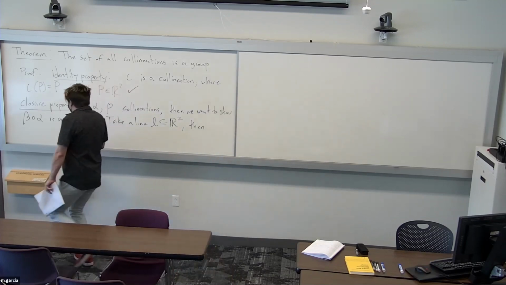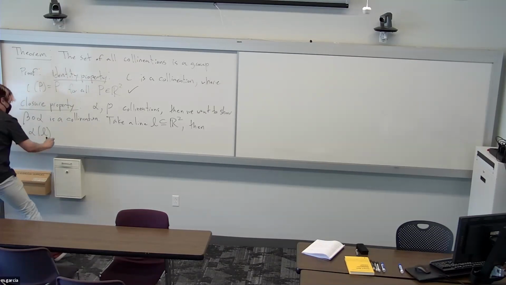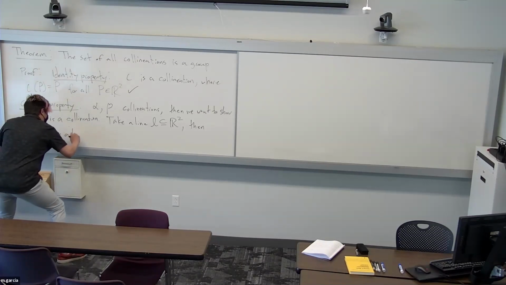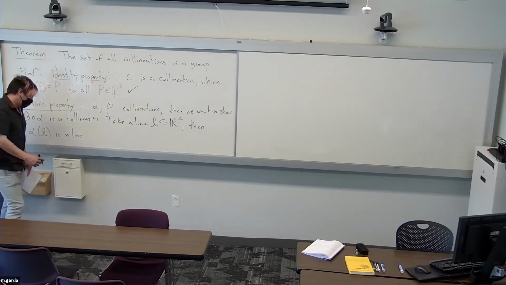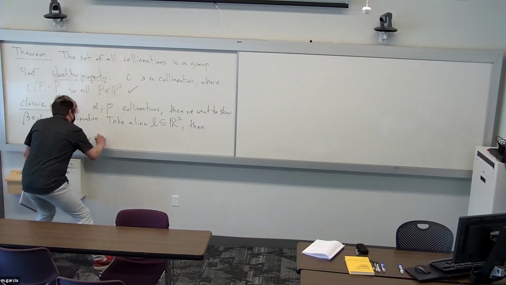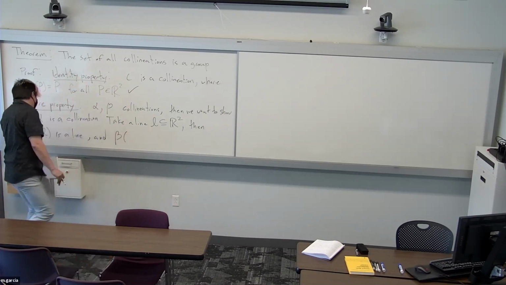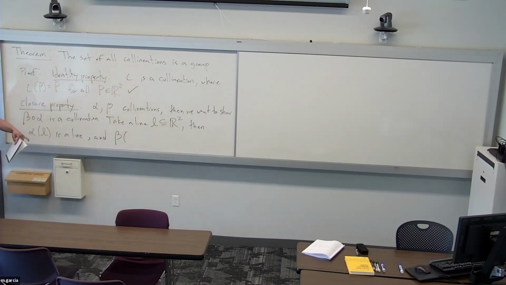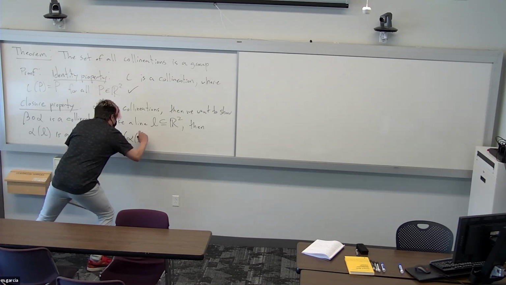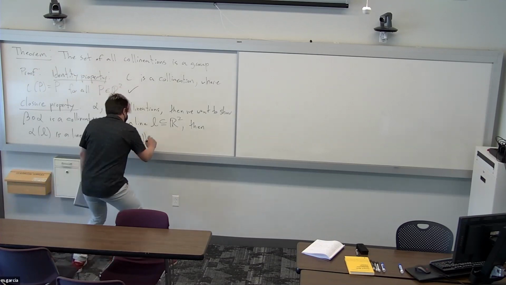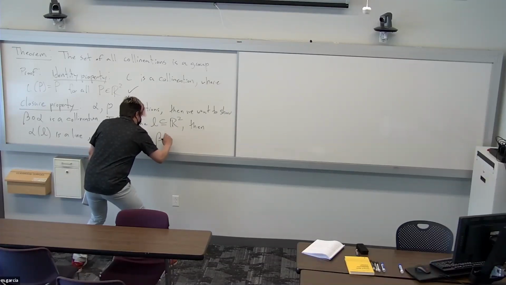Then we know that the image of L under alpha is a line, since alpha is a collineation. And furthermore, if we take the image of alpha of L under beta, that must also be a line, since beta is a collineation as well. And this is just the definition of composition.